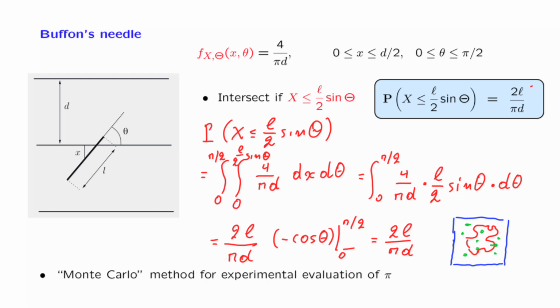You count the frequency with which the points happen to be inside your set, and as long as you're throwing the points uniformly over the cube, then the probability of your complicated set is going to be the volume of that set. You estimate the probability by counting the frequency with which you get points in that set.